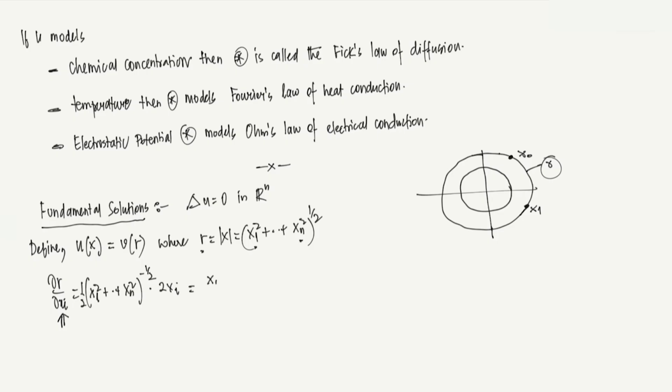If you calculate it, it becomes xi by r. Of course, I am assuming x to be non-zero, otherwise r is going to be 0, which doesn't make any sense here. So del r by del xi looks like this.